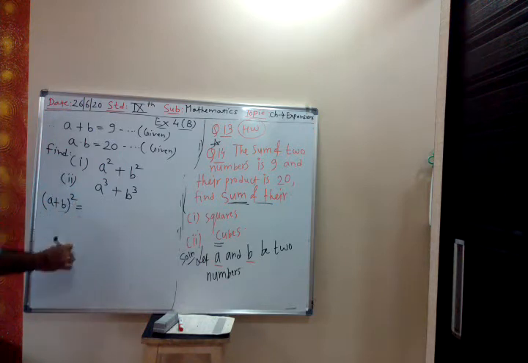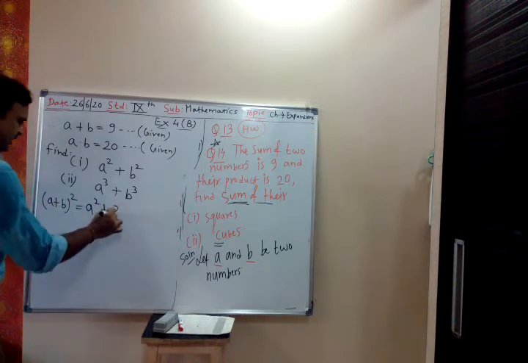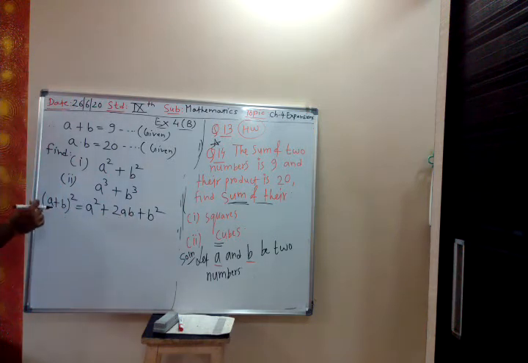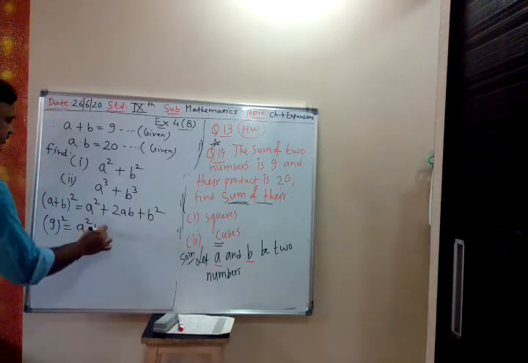Use the formula. What is A plus B whole square? A square plus 2AB plus B square. This formula we use. Now A plus B, the sum of the numbers, is given as 9. So 9 square is equal to A square plus 2 into AB.